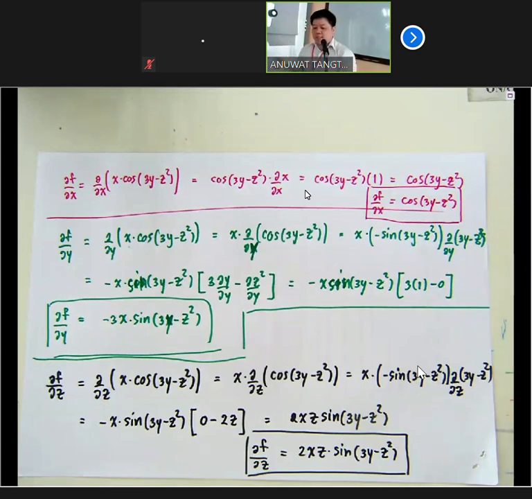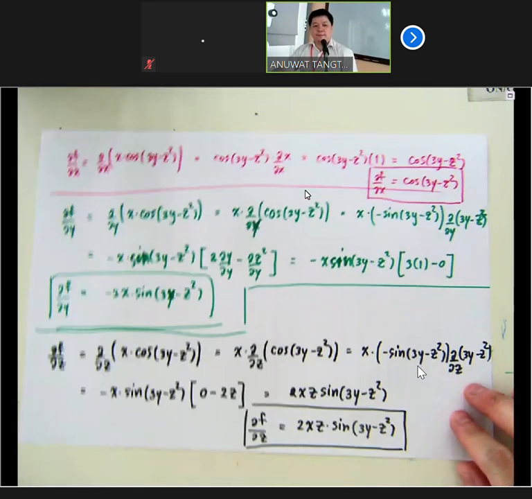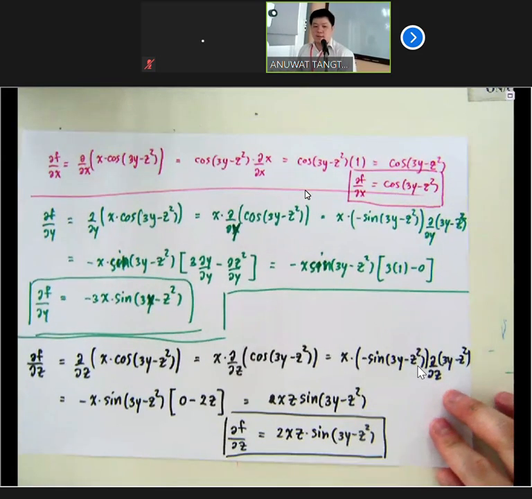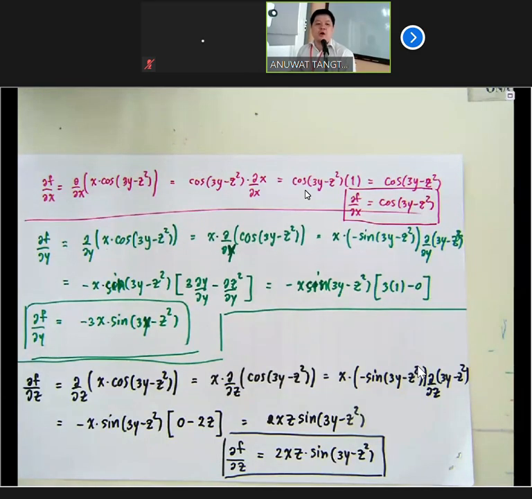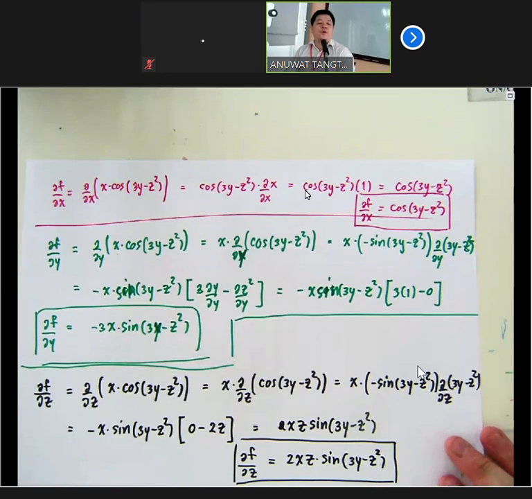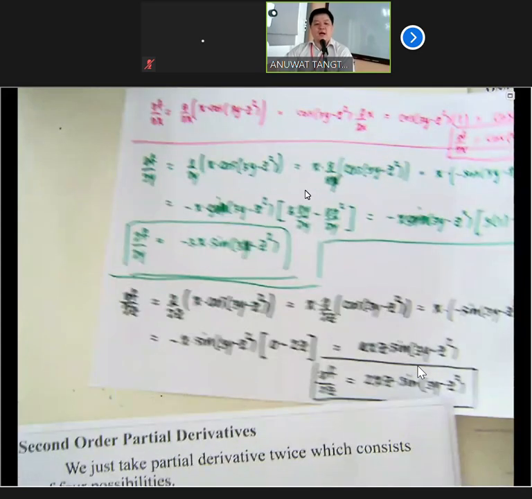Okay, now let's move on to the next topic. The next topic is about higher order partial derivatives. In the case of one variable, when you find the derivative of a function and you apply the derivative one more time, then it comes out to be the second order derivative, right? Now, let's consider the case of partial derivatives.